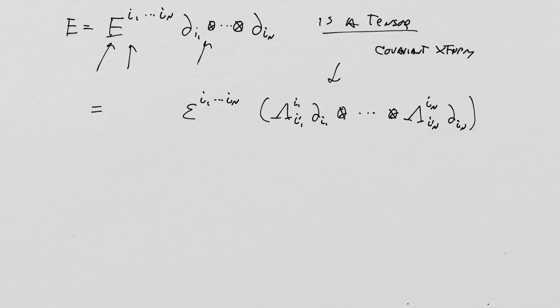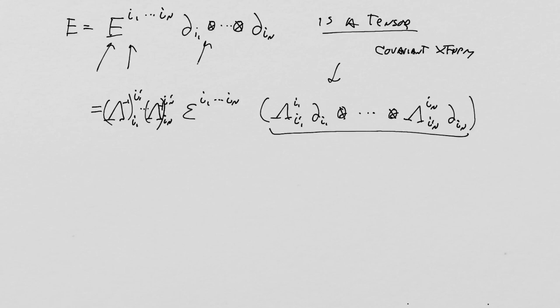And then in order to keep this whole thing the same, of course, we use the inverse matrix over here, and we go I1 prime, dot, dot, dot, lambda I n prime. This is also the inverse matrix, like that. And that is the normal tensor transformation.